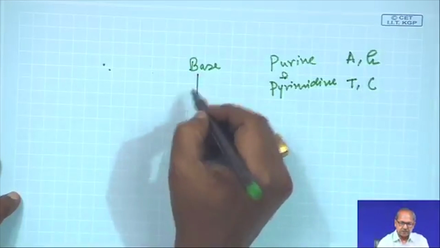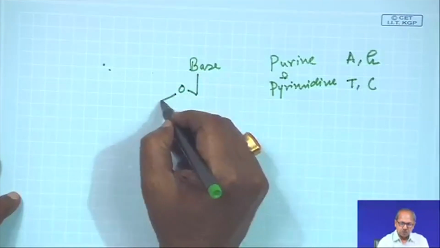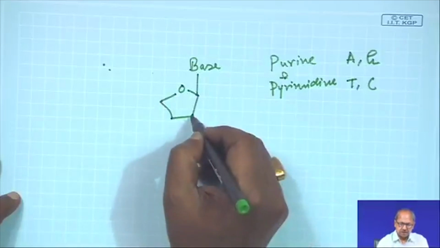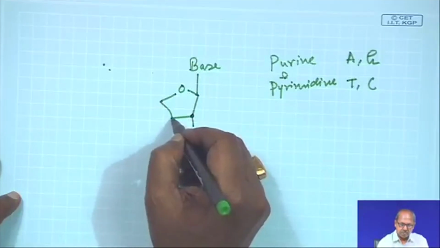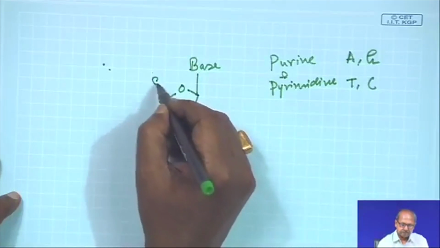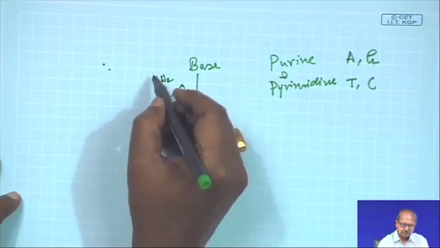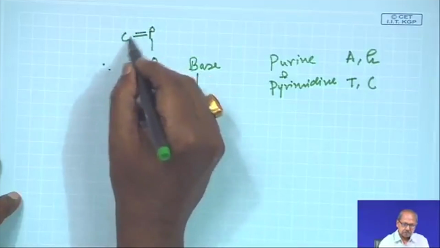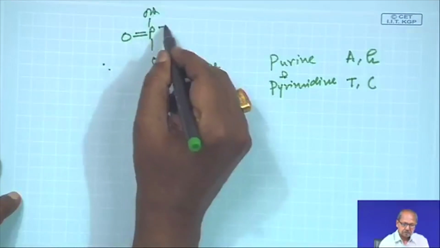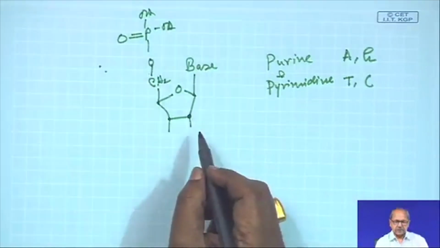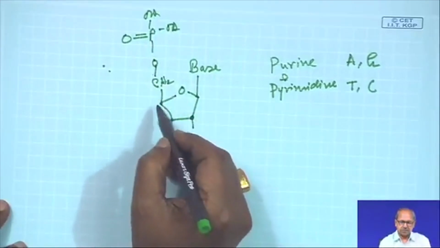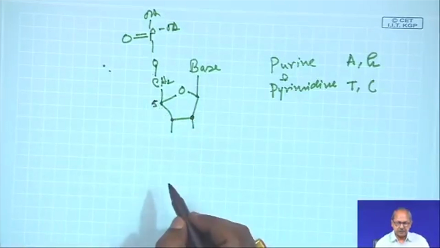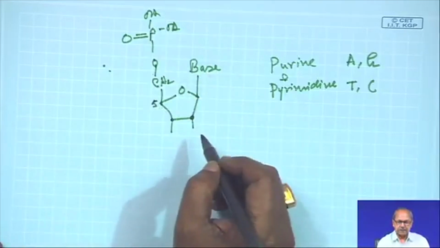So, this base is linked to a pentose sugar, that is ribose, and one phosphate is linked to the 5th position of that ribose sugar. So, this is called the nucleotide.